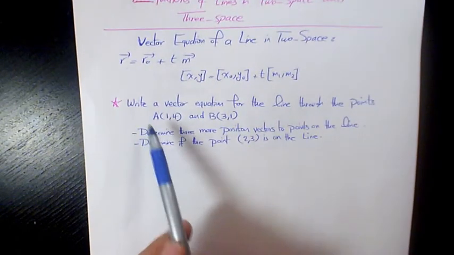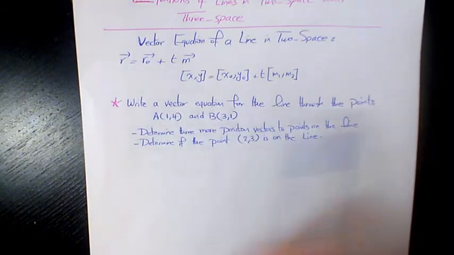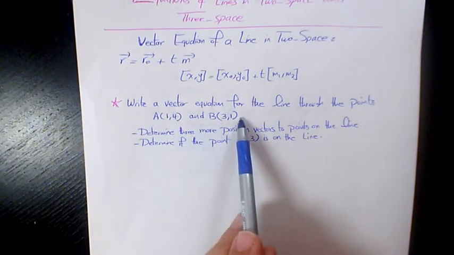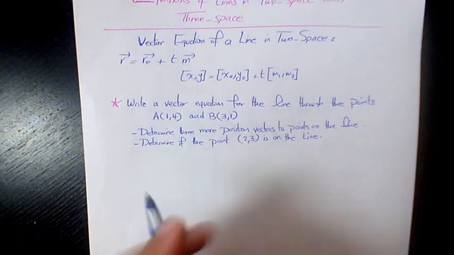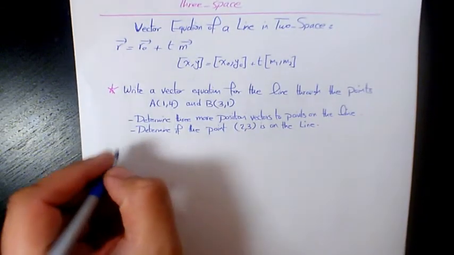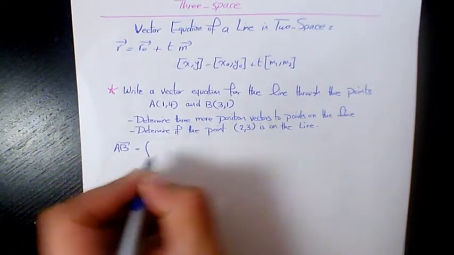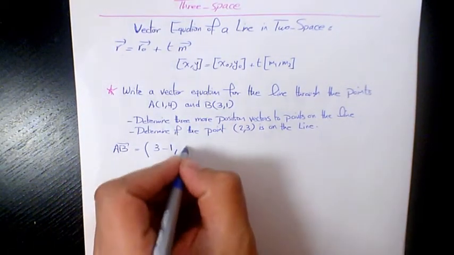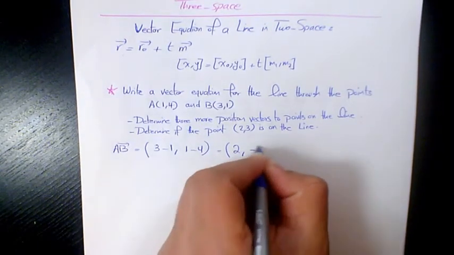The first example says write a vector equation for the line through the points A (1, 4) and B (3, 1). So we need to write down the vector equation first. AB will be (3 minus 1, 1 minus 4), so it's going to be (2, negative 3).